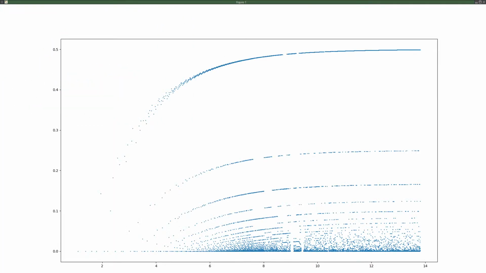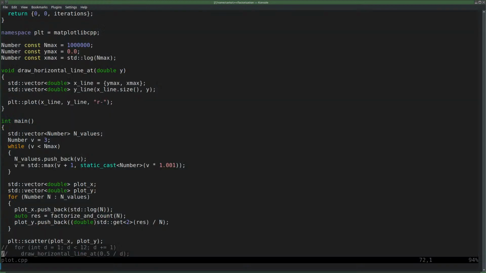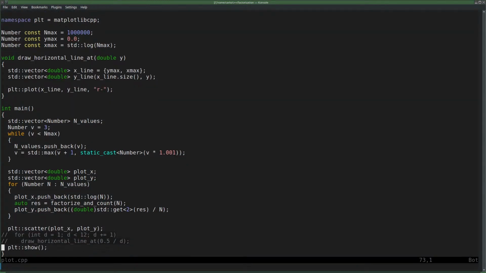Could it be just an artifact? Let me draw even more dense. I don't care how long it's gonna take. I think if I reduce this with a factor of 10, do we still see it?